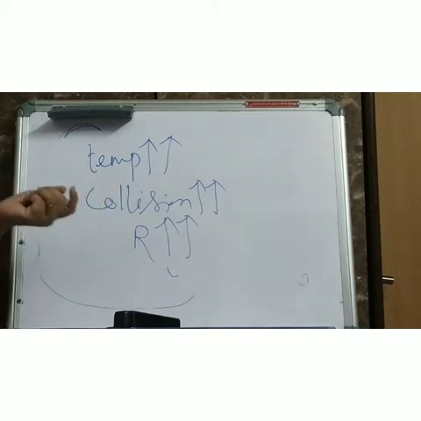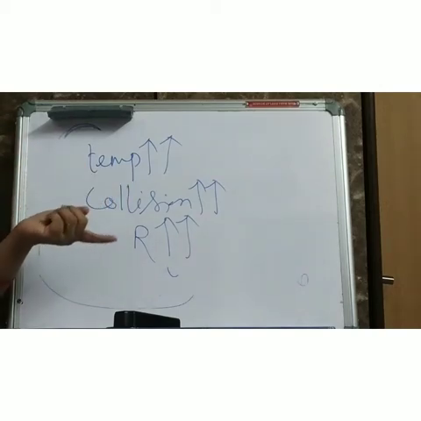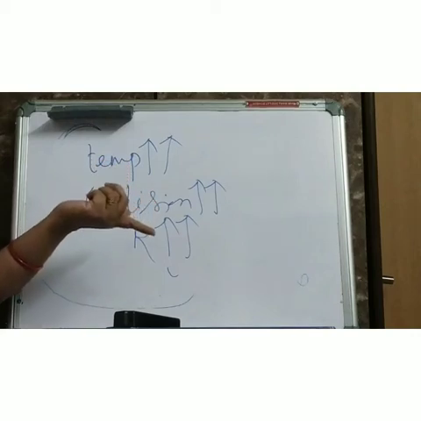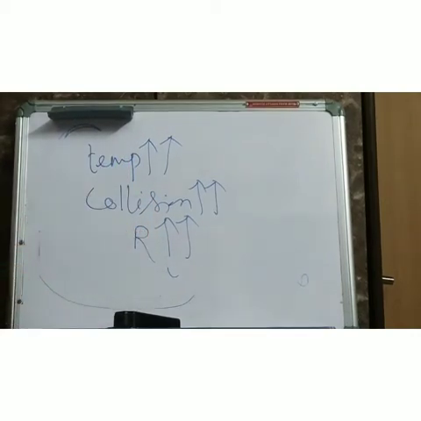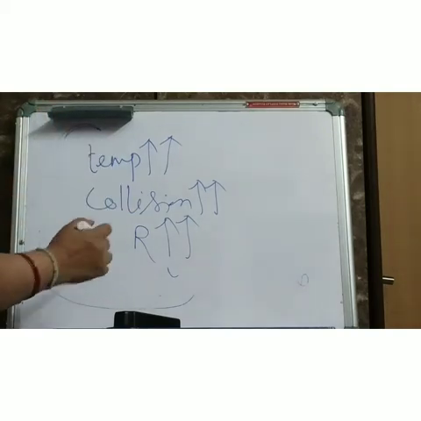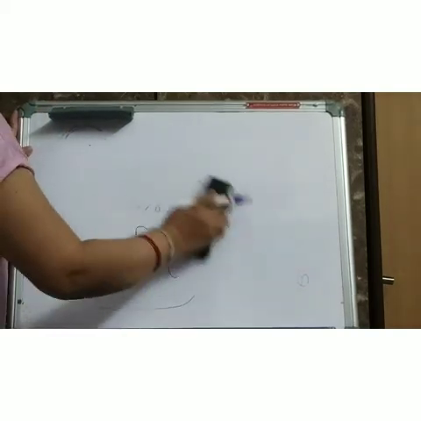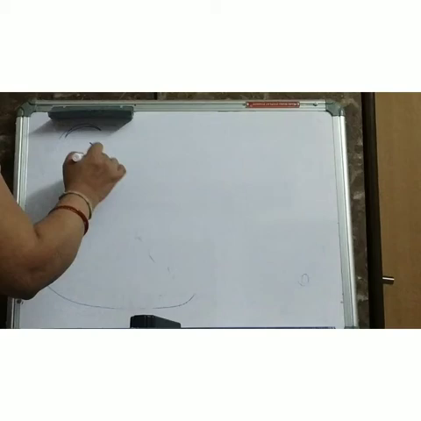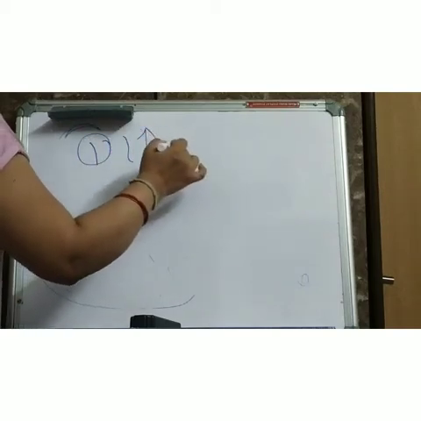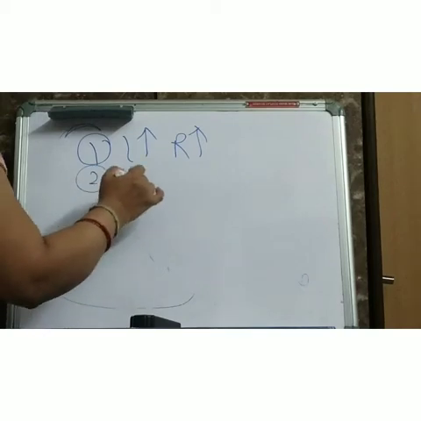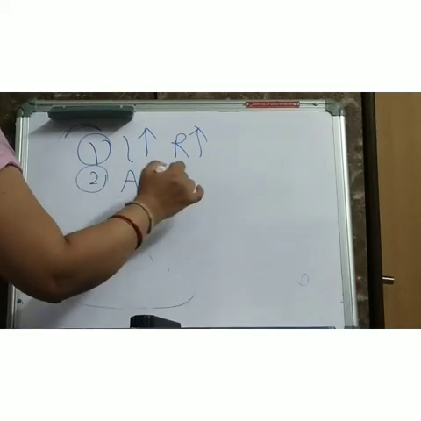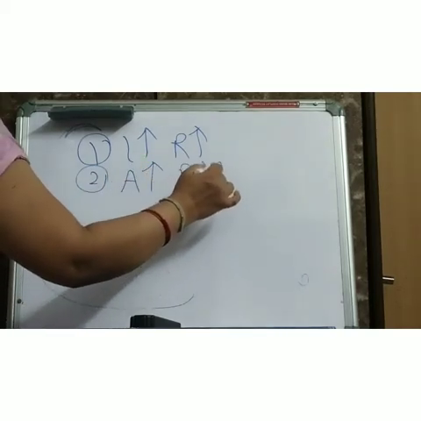So we have discussed the factors affecting the resistance. First is length of the conductor: if length increases, then R increases. Second, if area of cross section increases, then R decreases.